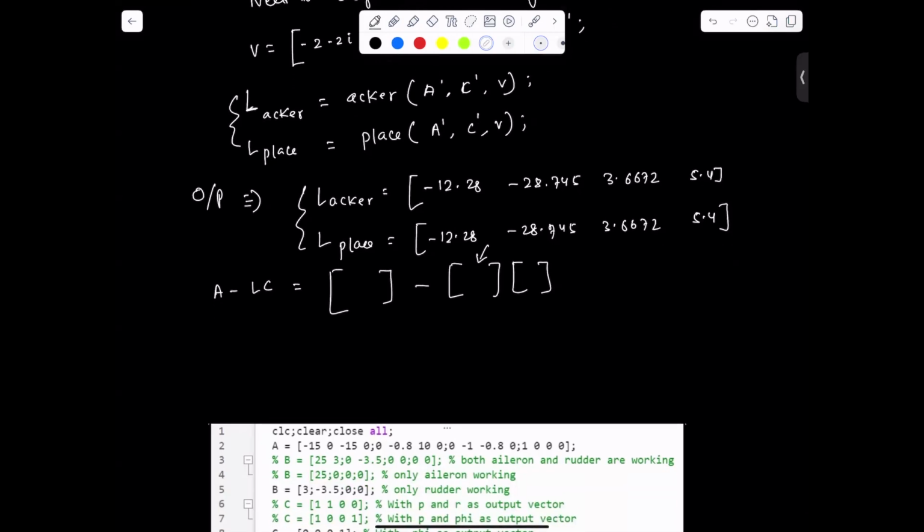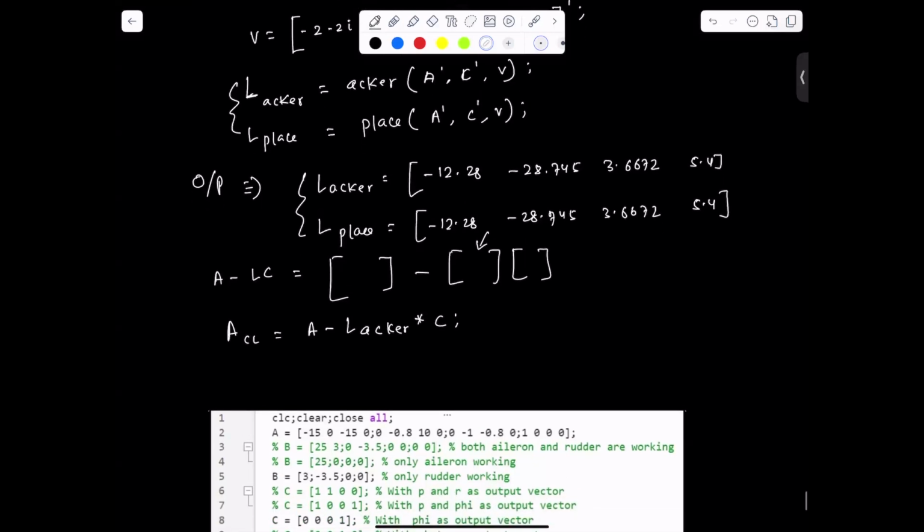So here we can use the MATLAB command ACL equal to A minus L from acker multiplied by C, and now we have to use another MATLAB line where you find the eigenvalues of ACL.